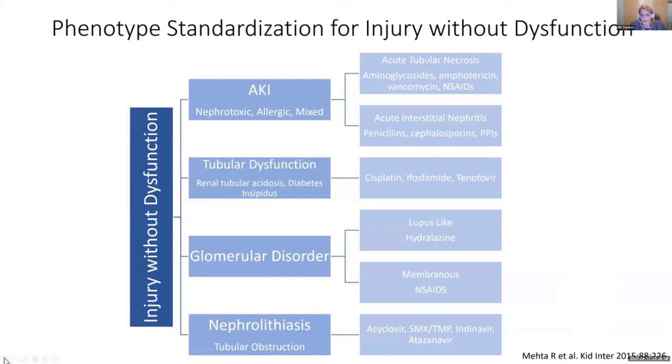The drugs that are associated with this type of mechanism for injury are aminoglycosides, amphotericin, vancomycin or NSAIDs, all in the ATN category. We have the AIN, when you're thinking more of that allergic-type reaction: penicillins and cephalosporins, and PPIs are also listed here for proton pump inhibitors. We have tubular dysfunction, and that can be associated with cisplatin, ifosfamide.